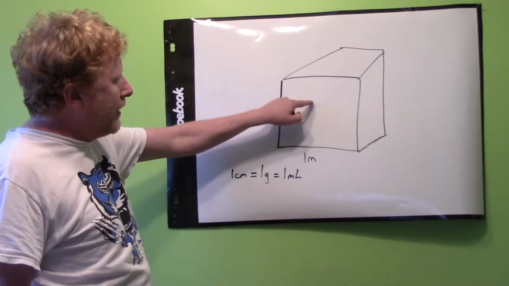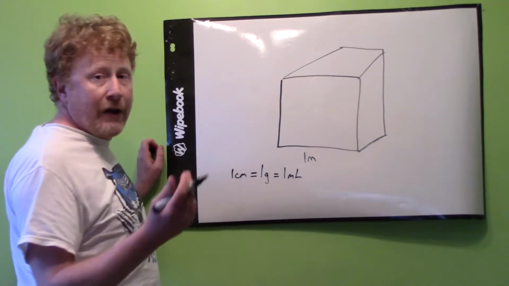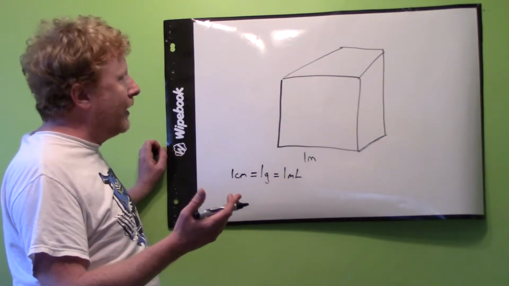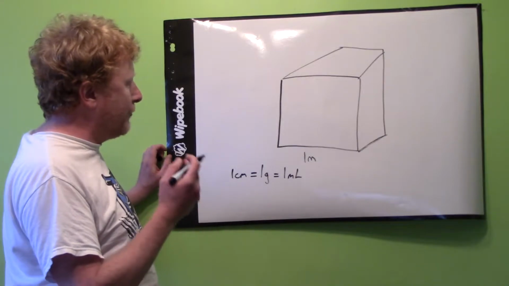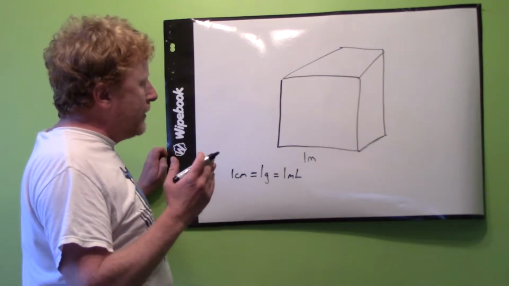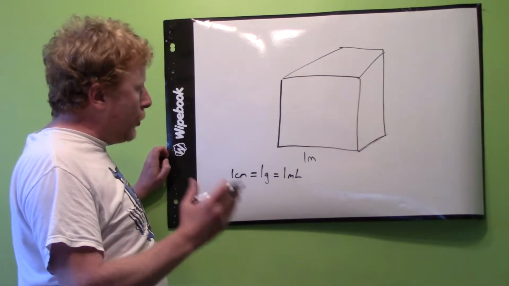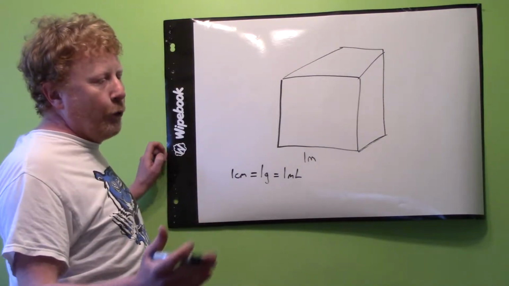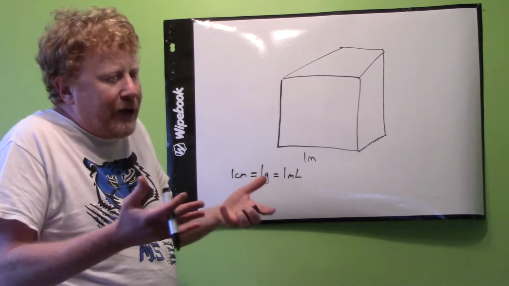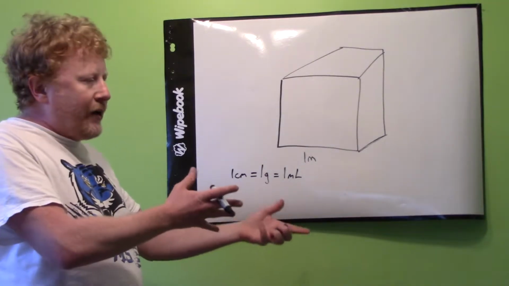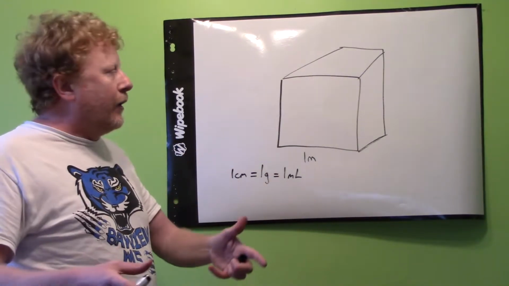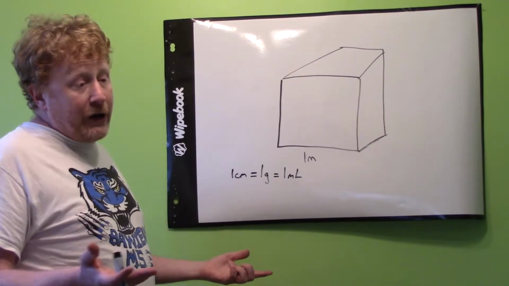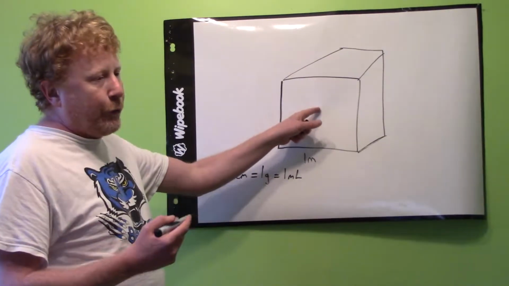so we have our 1 cubic meter, which means, because you have to remember that this is 3-dimensional, the most common mistake is this: if I have a 1 cubic meter cube, how many cubic centimeters is that? Some people are going to say it's 100 because there's 100 centimeters in a meter. But while that is true, you have to remember this is a 3D object.